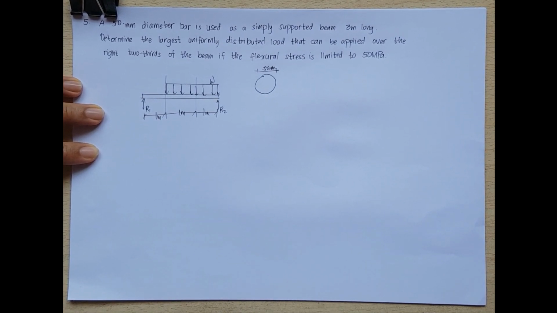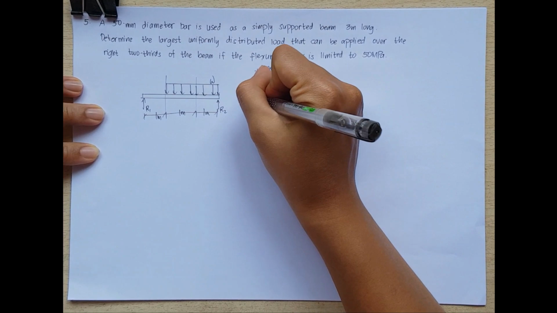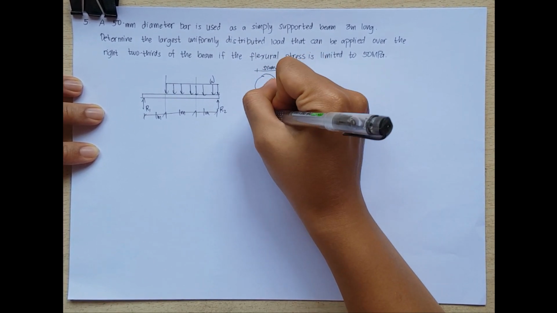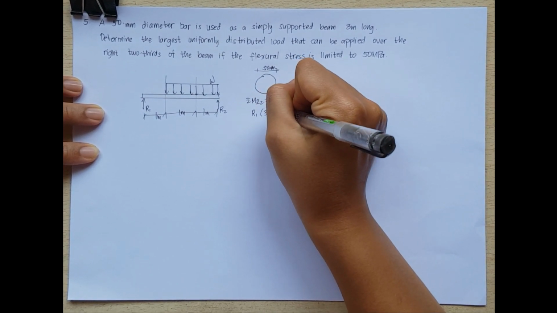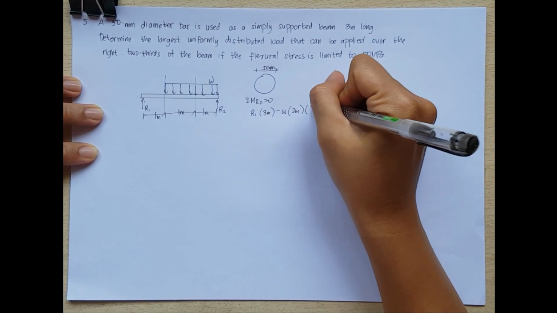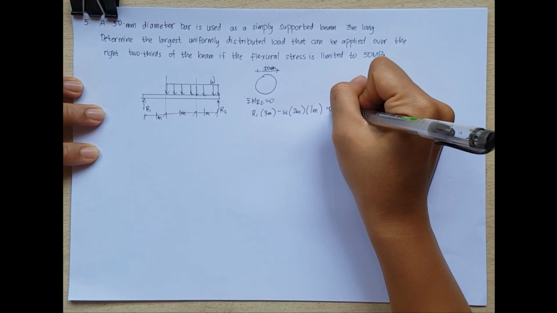So again, our first step is to determine the moment. Pero since unknown yung ating uniformly distributed load, expect na yung moment natin is in terms of W. So having the summation of moment at R2 is equal to 0. So we have R1 multiplied by 3 meters minus W multiplied by 2 meters multiplied by 1 meter is equal to 0.